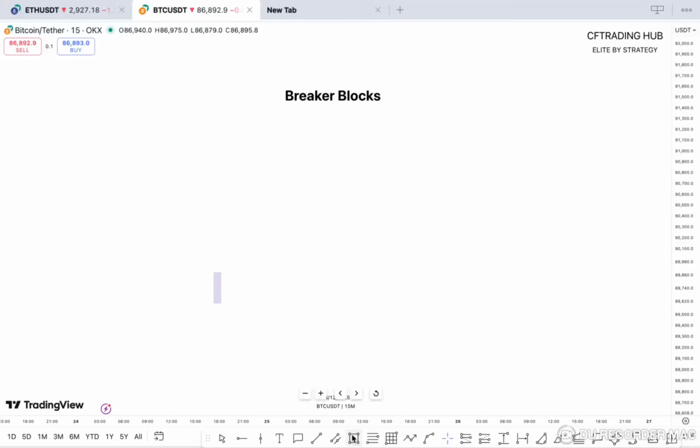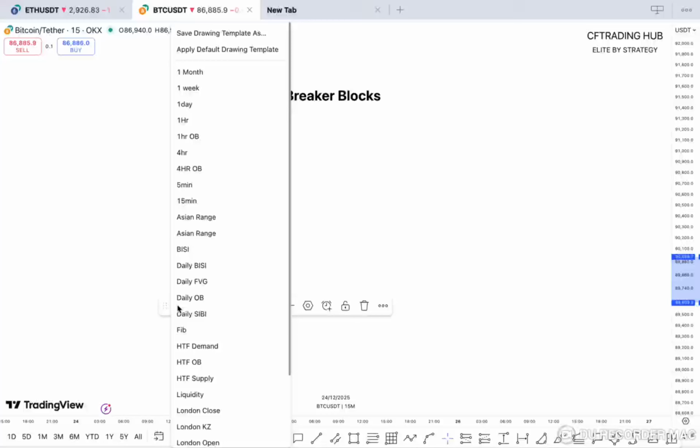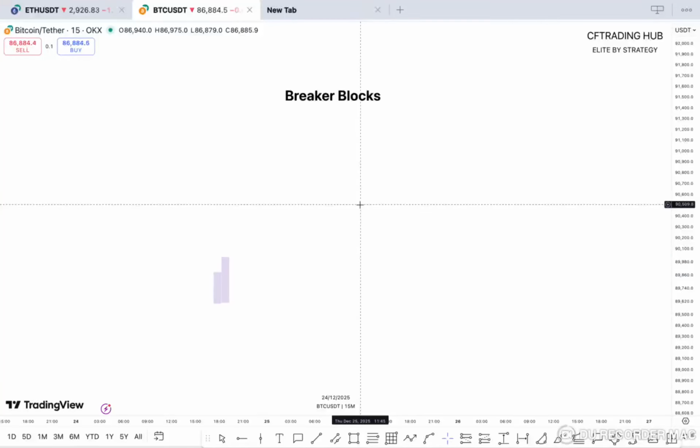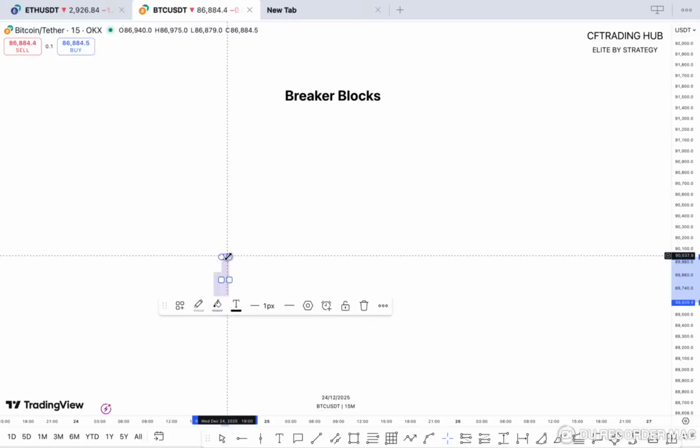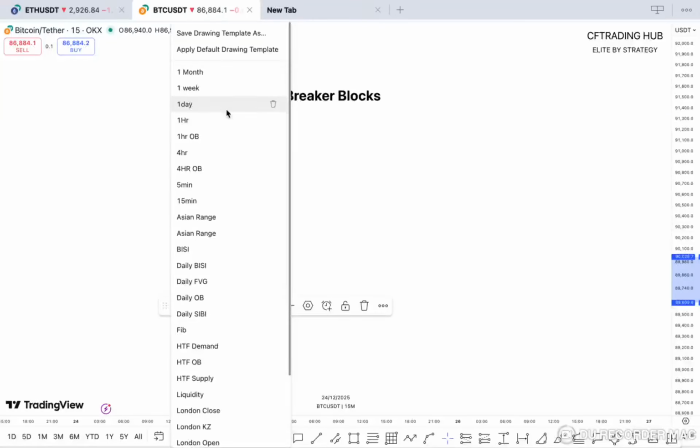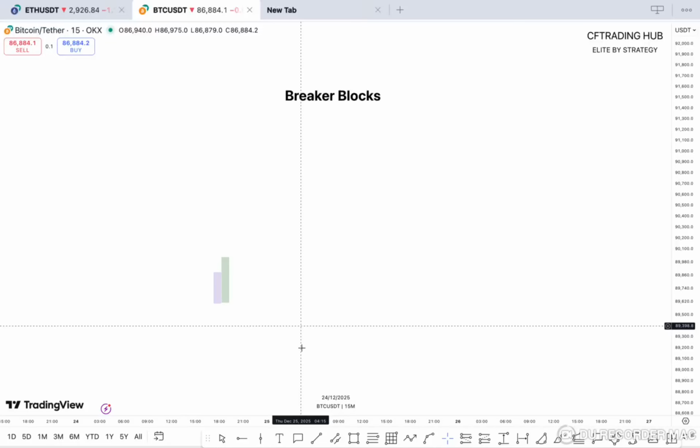By now, you all understand the concept of order blocks already. So, let's just say this is an order block over here. Yeah, let's say there's another order block over there.